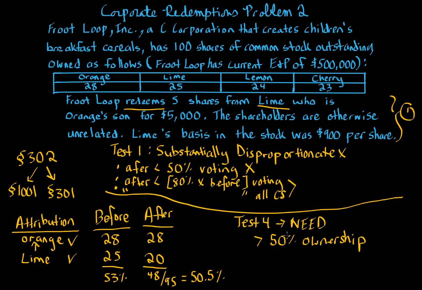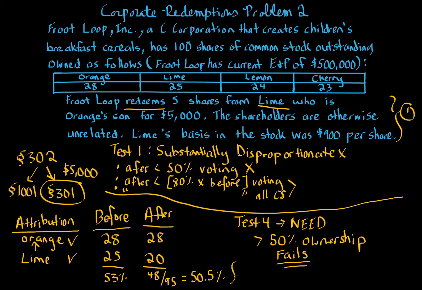And then test 4 fails as well because that's not going to be viewed as a meaningful reduction in control. That is known. Okay? So what does that mean? That means that this $5,000 is going to be treated as a Section 301 distribution. Okay? So we have a $5,000 Section 301 distribution.